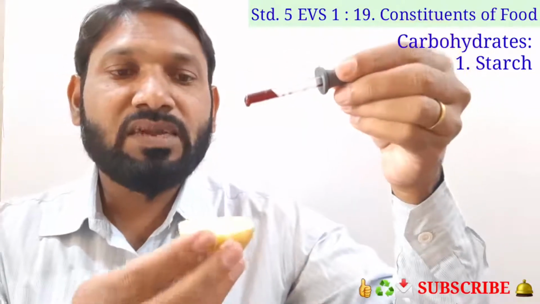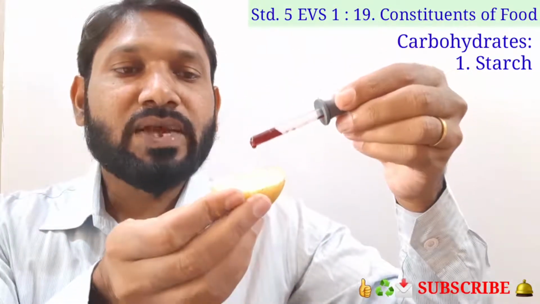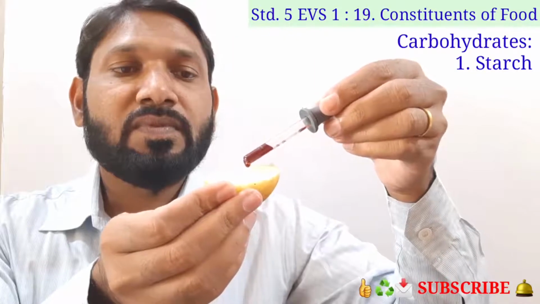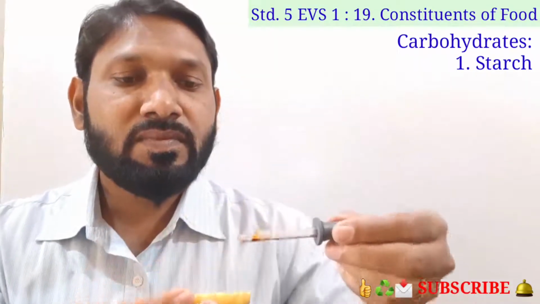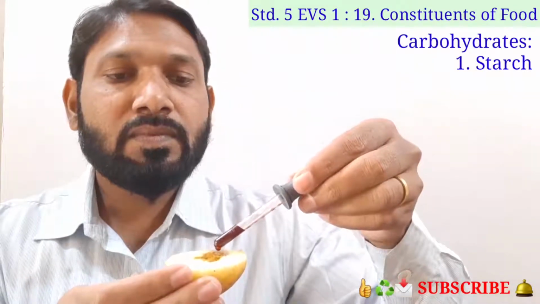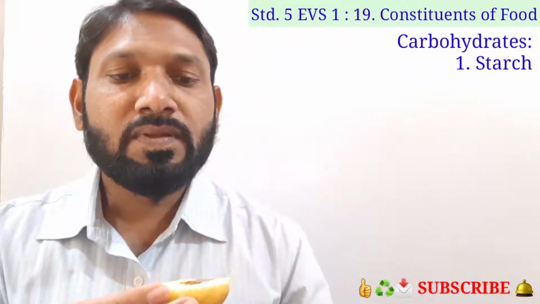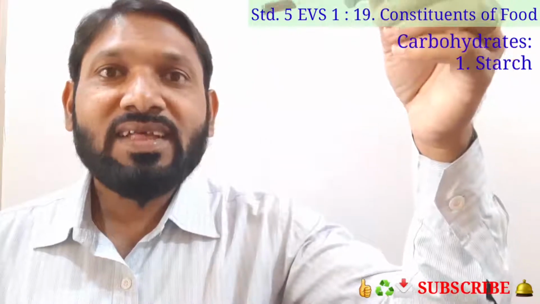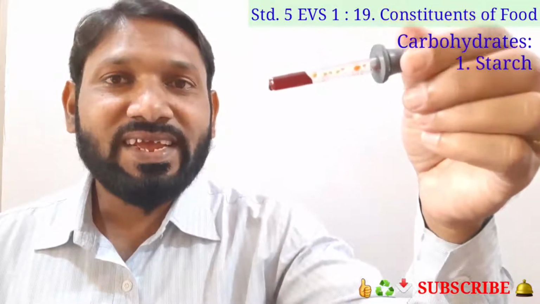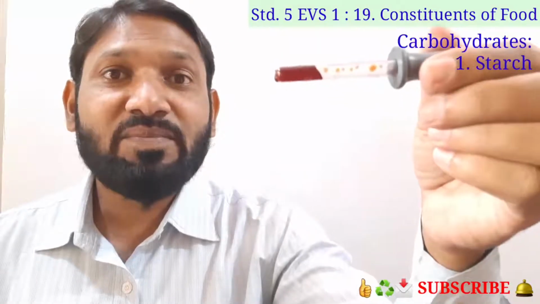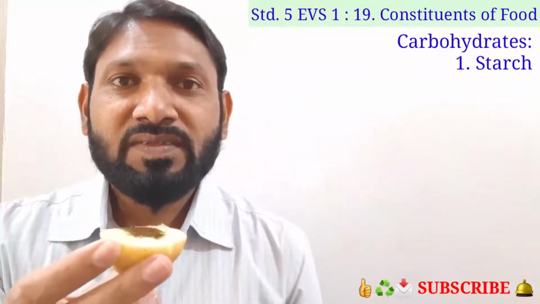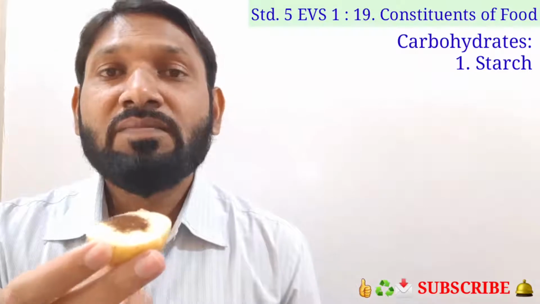Now I will drop it on the potato. Yes, students, the color of iodine is dark brown. I have dropped some drops on the potato.